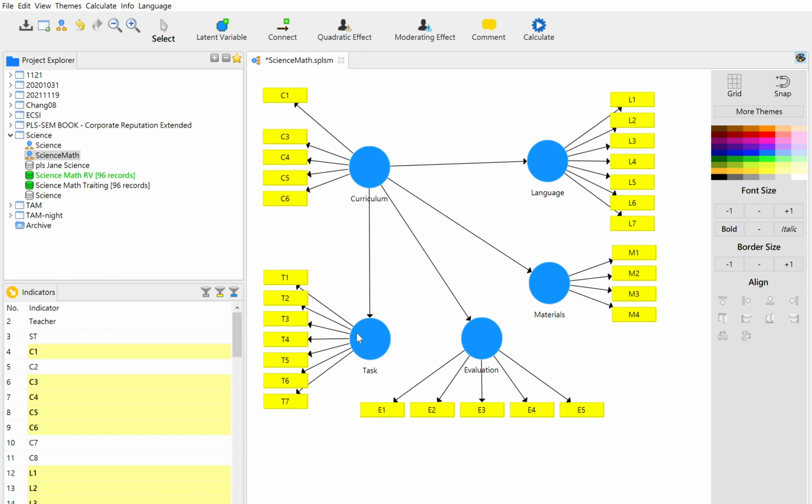And also, let me see, for material, I deleted 3. For the task, I deleted 3 and 6.